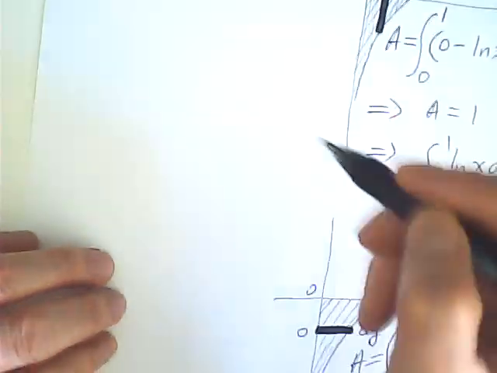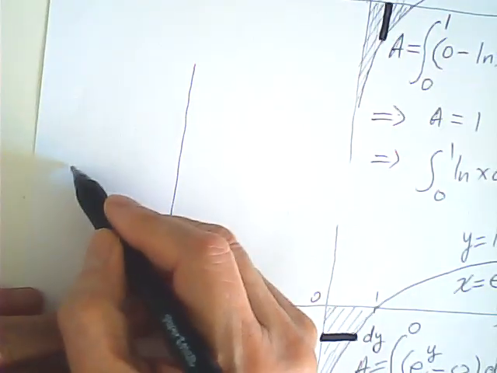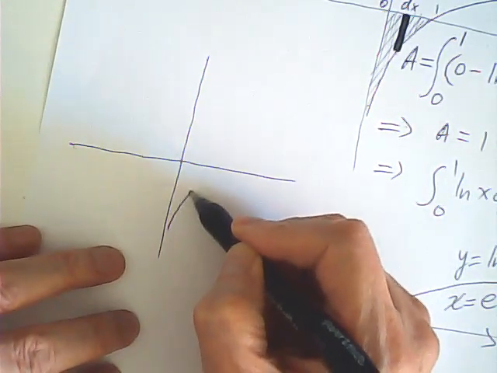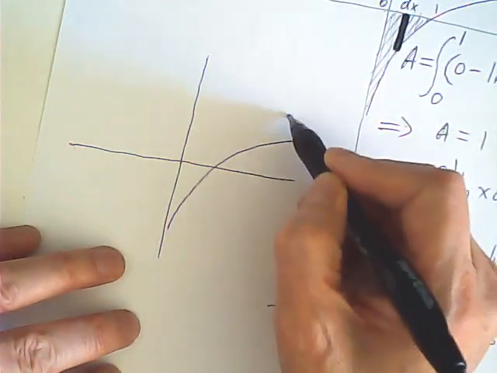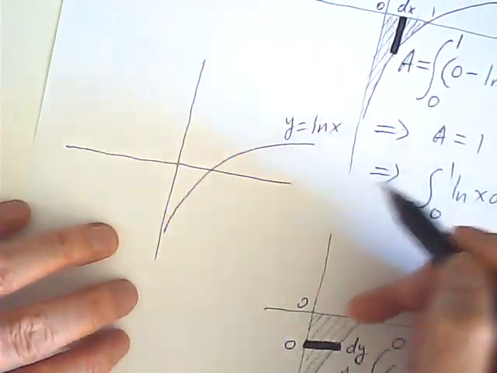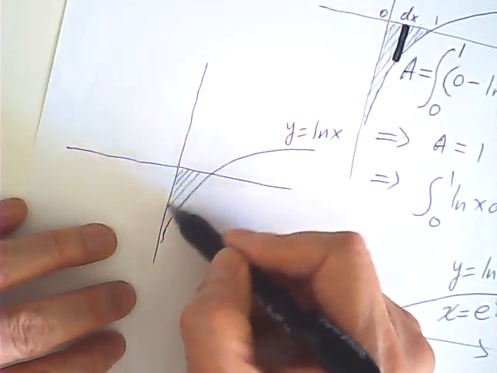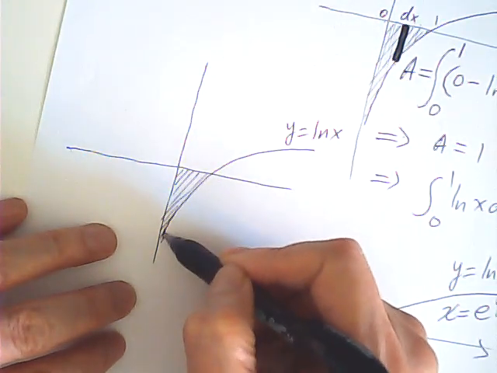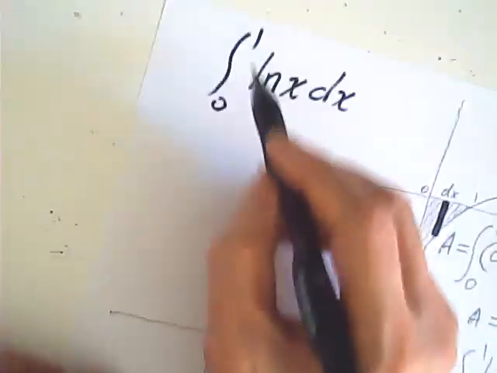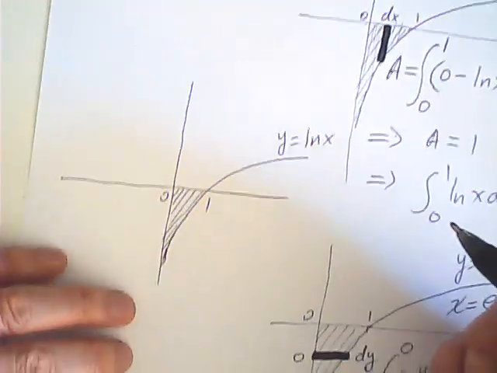The other way is this. Well, this is a coordinate system, and this is y equal to log x, and this is a piece of the area, a piece of the region we are looking for. That area is this. So this is 1, this is 0.